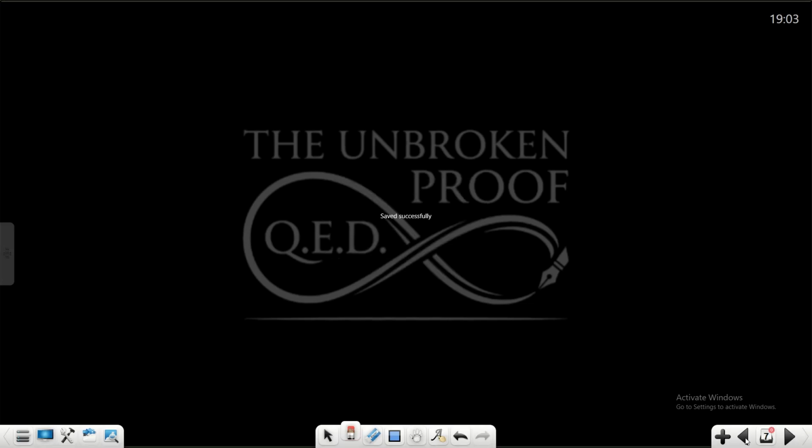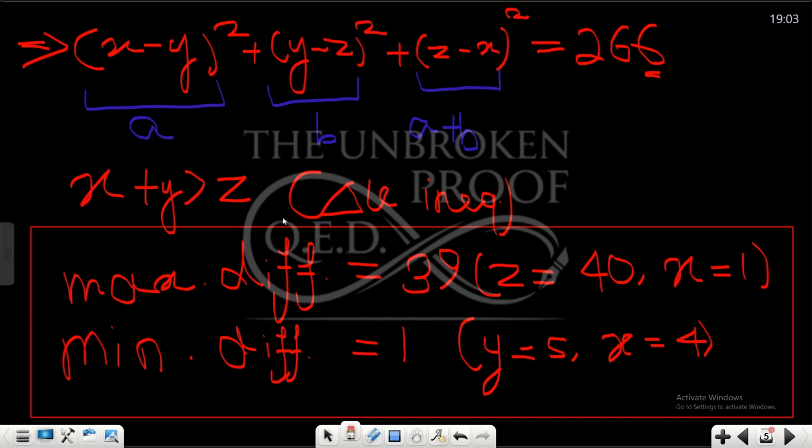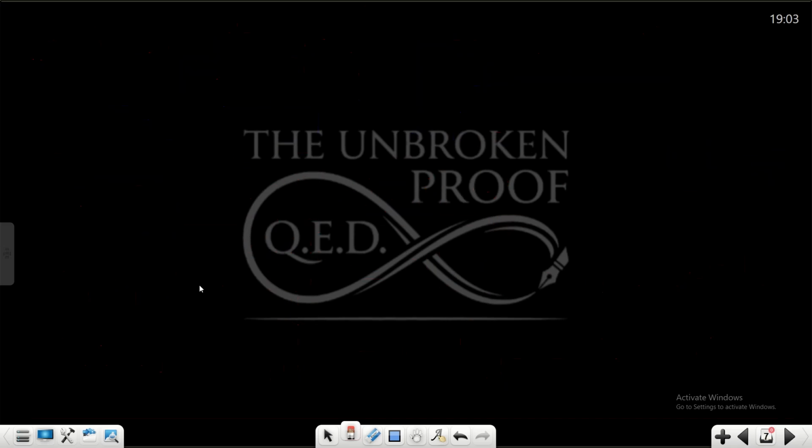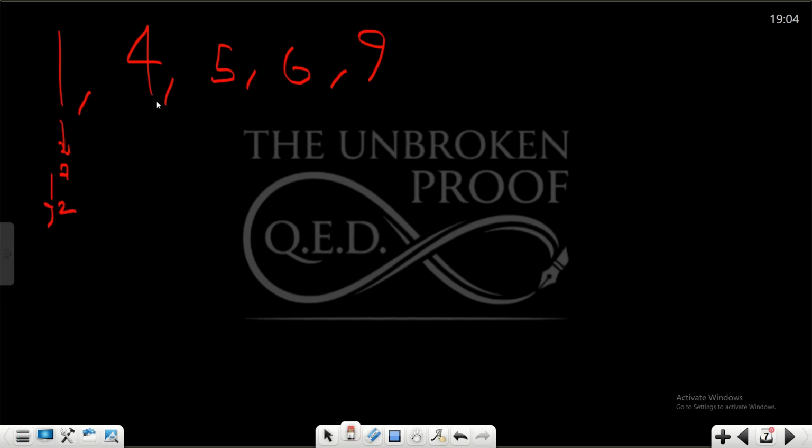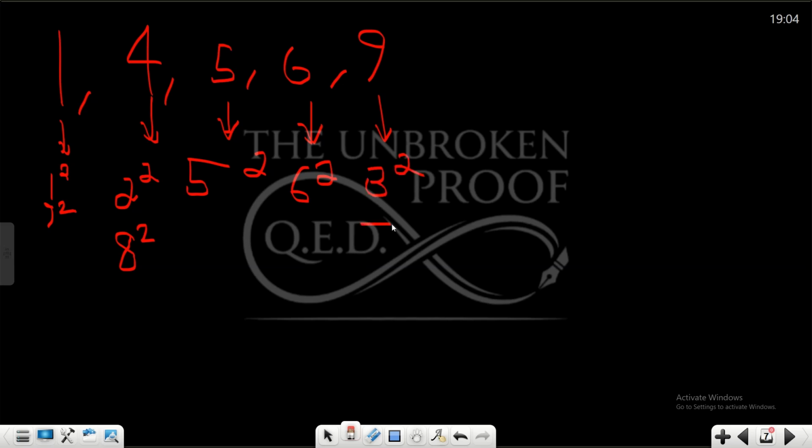Now one more thing we have to see. The last digit is 6. If you see the last digits of the squares, you will come to know that it can be either 1, 4, 5, 6, or 9. The digit 1 will come from 1 square, 9 square, etc. 4 will come from 2 square, and from 8 square also you will get it. 5 will come from all 5 squares. 6 will come from 4 square and 6 square, 9 will come from 3 square and 7 square as well.